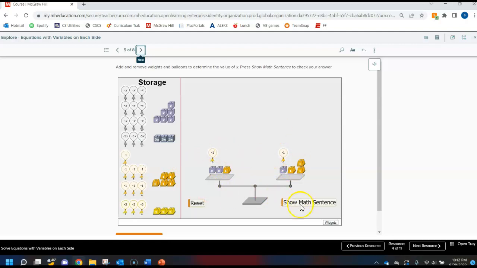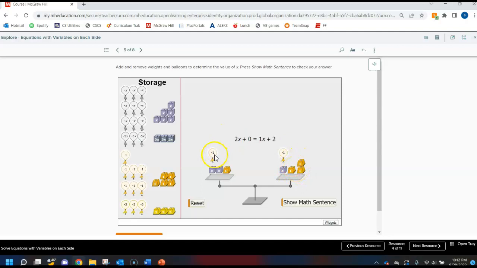So these two sides right now are equal. This side represents 2x, and because -1 and +1 together make 0, this side is really just 2x plus 0, and this side is 1x, these equal 0, and then there would be 2 extra.